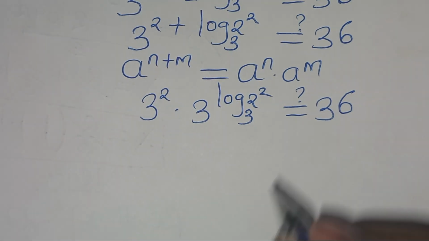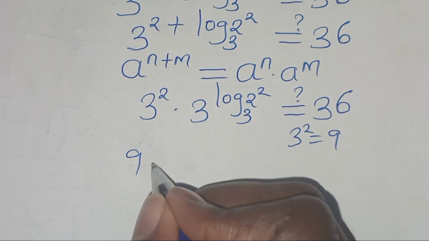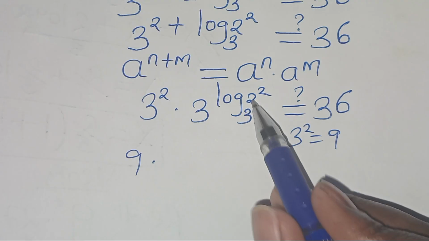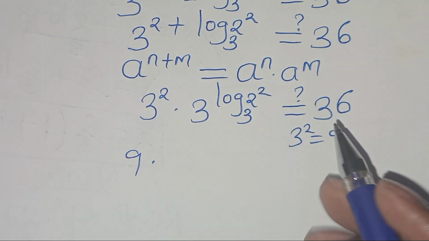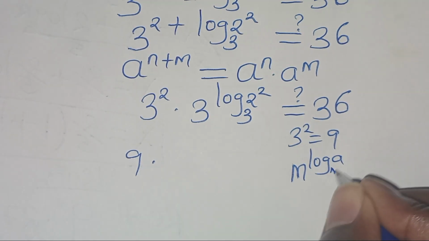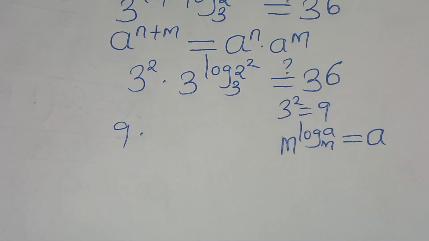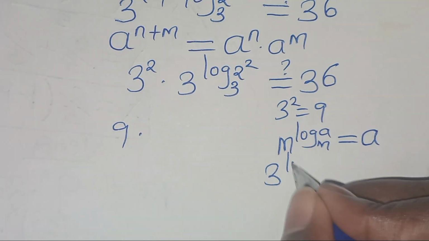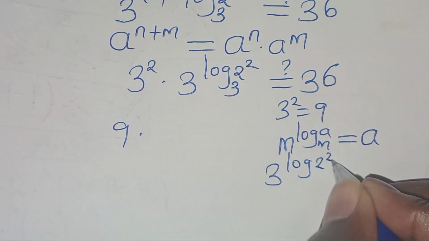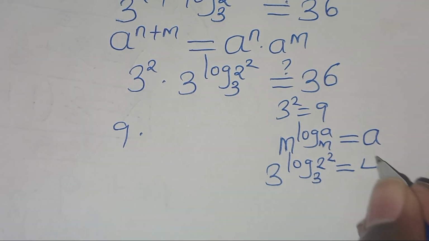Now, 3 to the power 2 is the same thing as 9. So we have 9 times 3 to the power of log 2 to the power 2 to base 3. This is in the form of m to the power of log a to base m, which is equal to a. And therefore, 3 to the power of log 2 to the power 2 to base 3 is equal to 2 to the power 2, which is equal to 4.